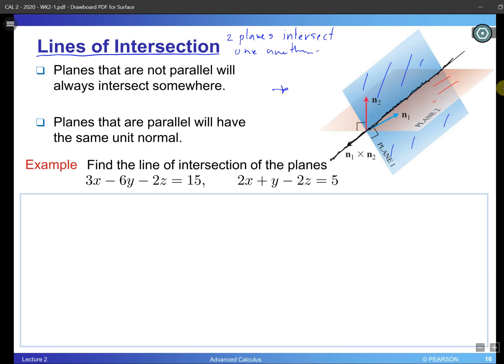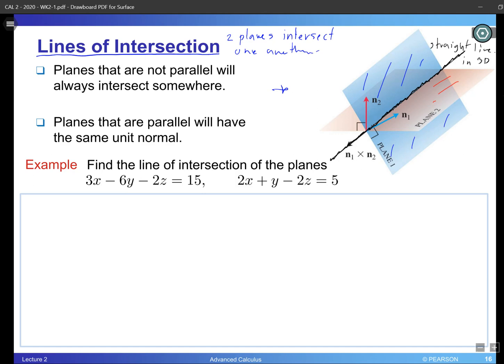That's why I told you that when two planes intersect each other we get a straight line. So this is a straight line in 3D. And we are going to find the equation for the line.